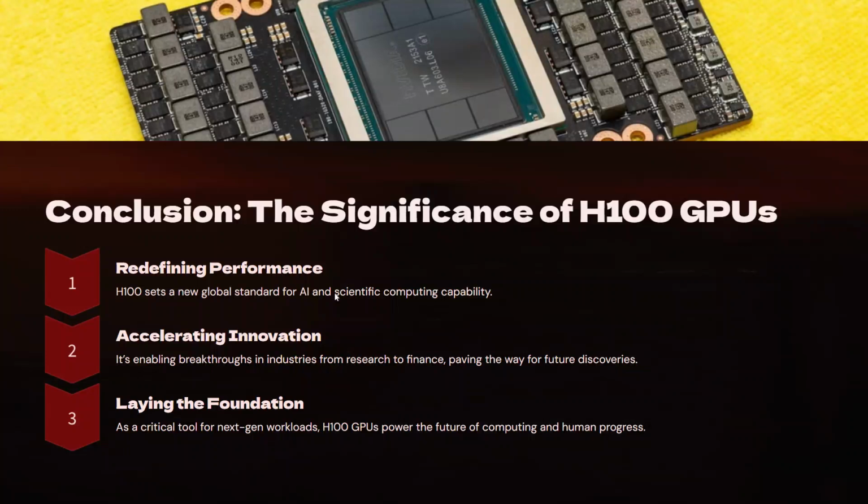So, in conclusion, the significance of the H100 GPUs is they really redefine the performance standard for AI and computing, and it also means that it allows for greater innovation.